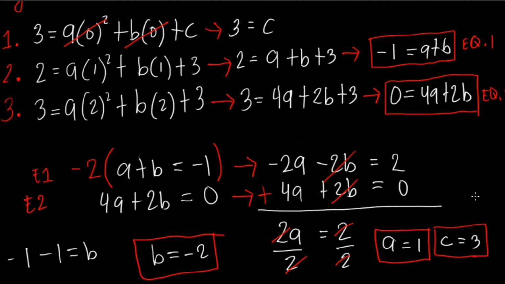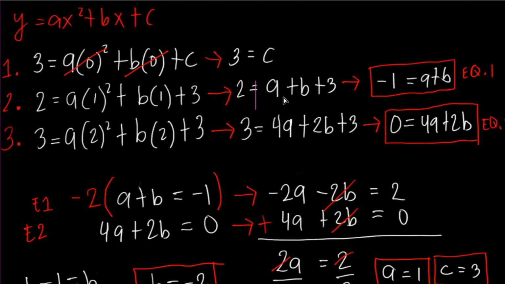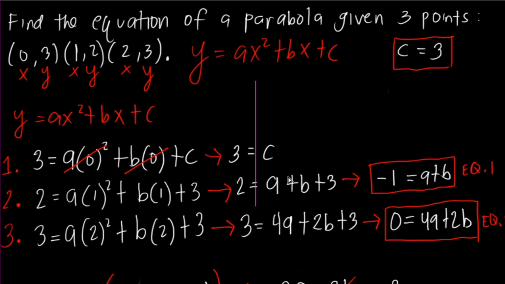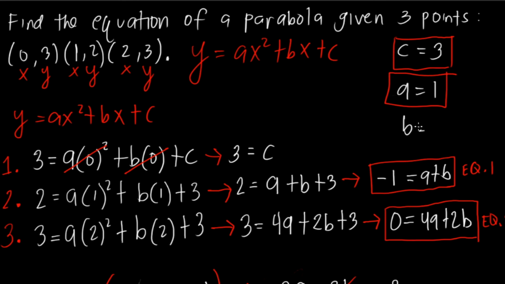So, dahil nahanap na natin yung tatlong point, babalik tayo sa taas, sa original. Okay? Given the equation of a parabola, find the equation of a parabola given 3 points: 0, 3; 1, 2; 2, 3. So again, our A is equal to 1, C is equal to 3, and B is equal to negative 2.